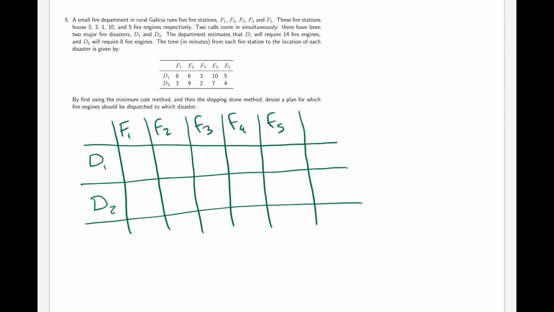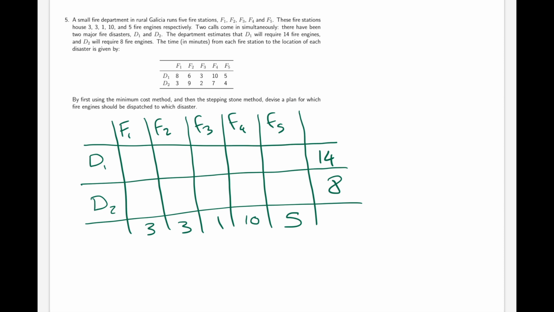Disaster 1 requires 14 fire engines, Disaster 2 requires 8, and each fire station has a certain amount of fire engines available. And luckily there are 22 fire engines and 22 fire engines required, so we have equal supply and demand.